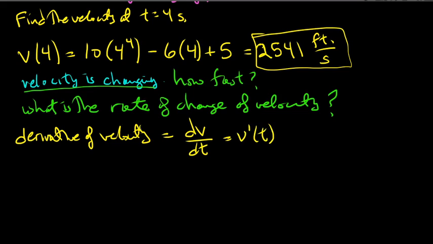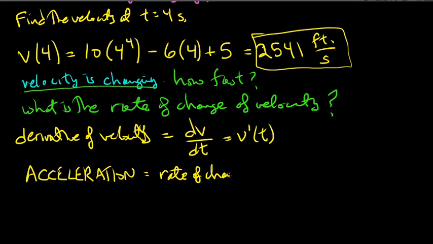And that's the derivative of the velocity. And in fact, there's a word for the derivative of the velocity. It's called acceleration. So acceleration is just the instantaneous rate of change, i.e. the derivative of the velocity. Okay. Right. So in fact, you can use a of t for acceleration.